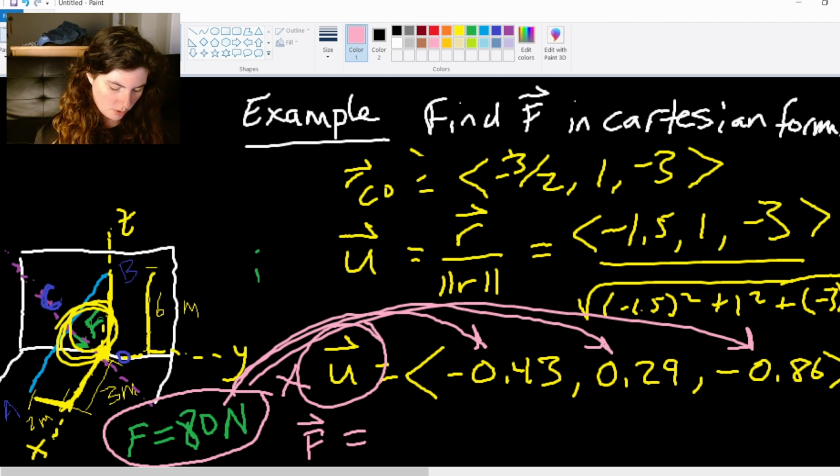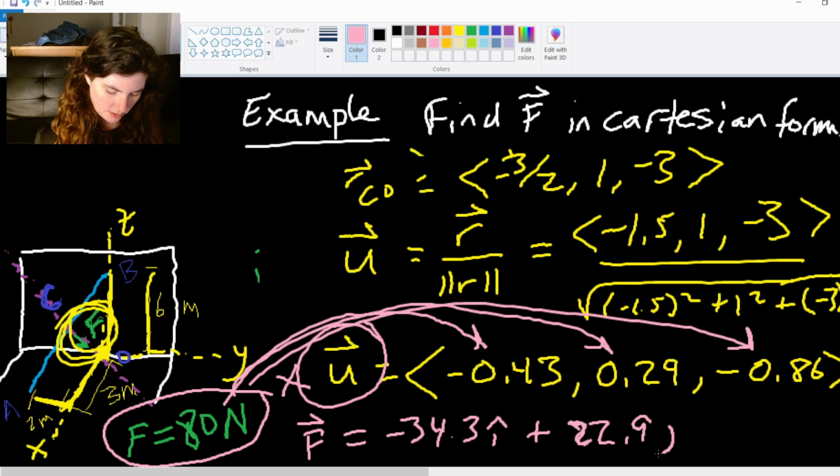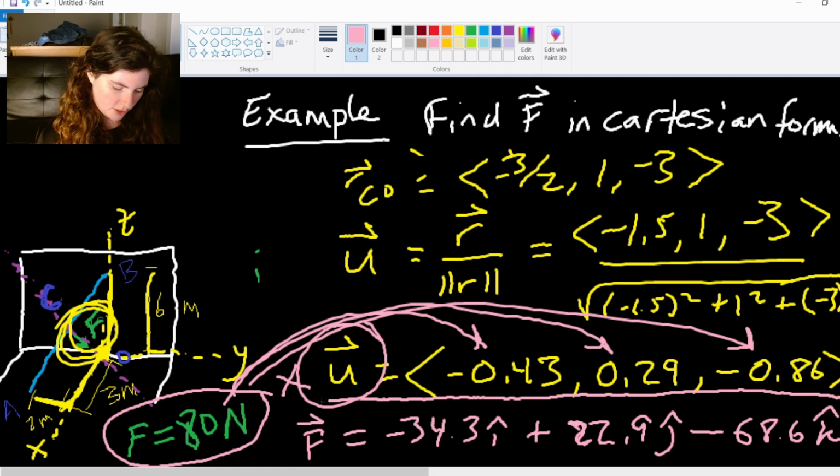In Cartesian form, -0.43 times 80 is going to be negative 34.3 i hat plus 22.9 j hat minus 68.6 k hat. And this is the vector in Cartesian.